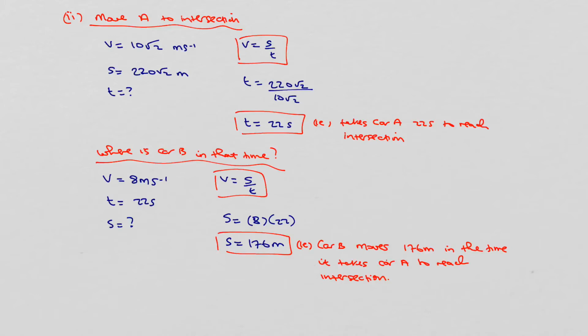So if it takes 22 seconds for car A to reach the intersection, and car B has moved 176 metres in that time, car B has actually passed the intersection.